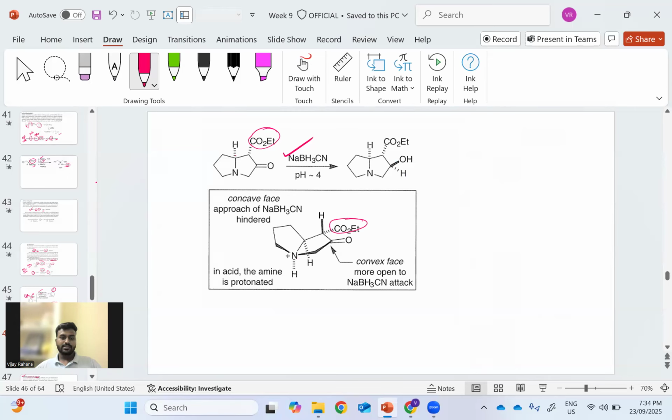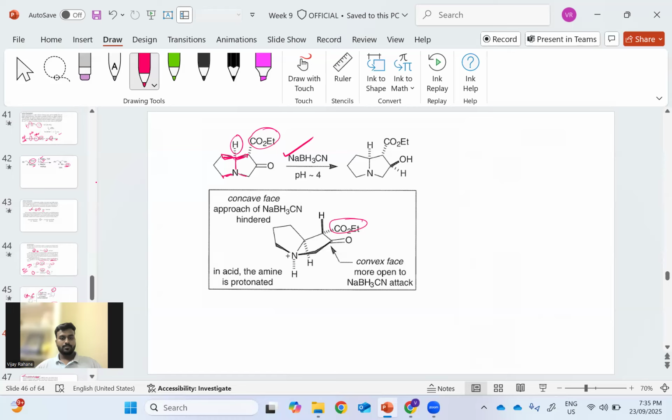It indicates that these bridged two rings are in a concave fashion because these groups are directing downward. So obviously this group must be upward, and this group also must be upward, right?